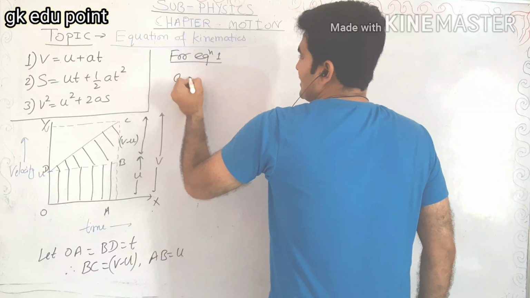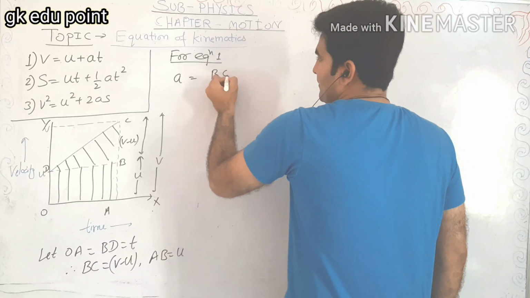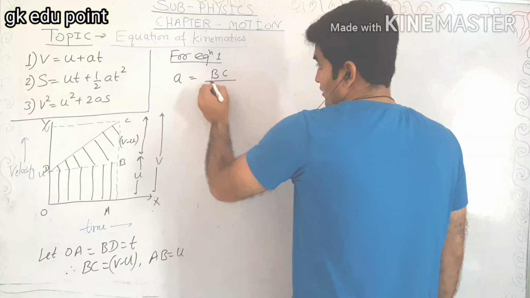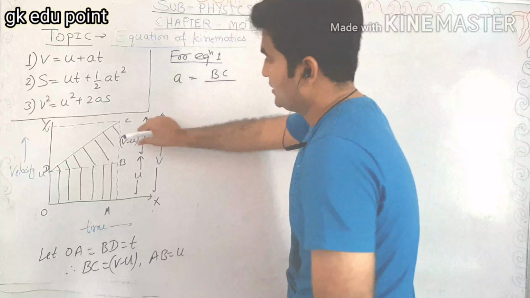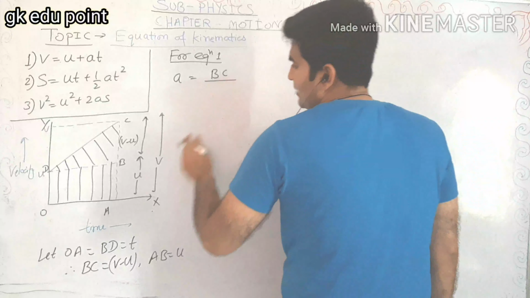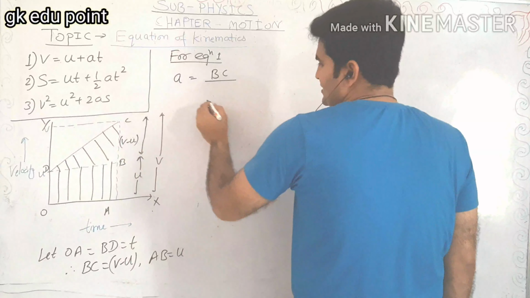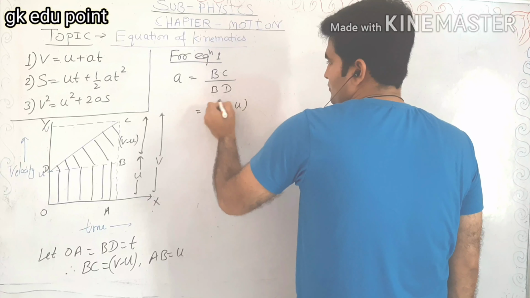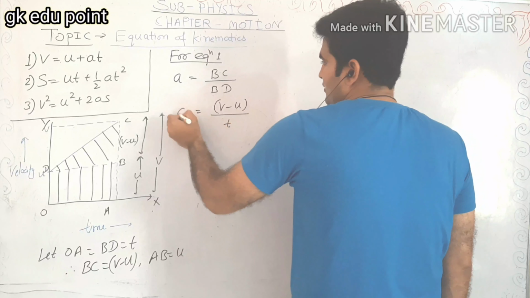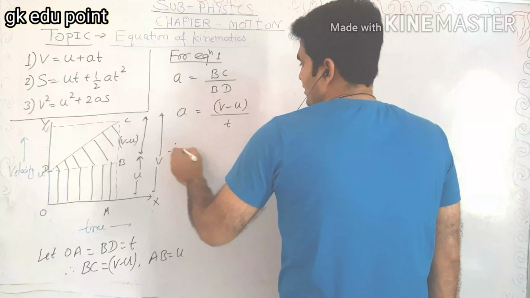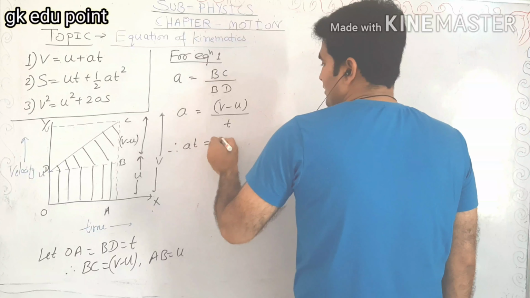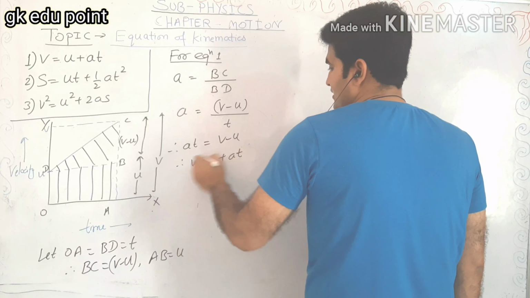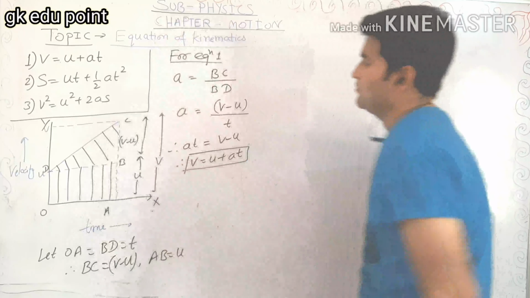So we can write acceleration as BC, this change in velocity, over time, which is this side BD. So a equals v minus u over t. You can take at equal v minus u, and you can write v equal u plus at. This is your equation number 1.